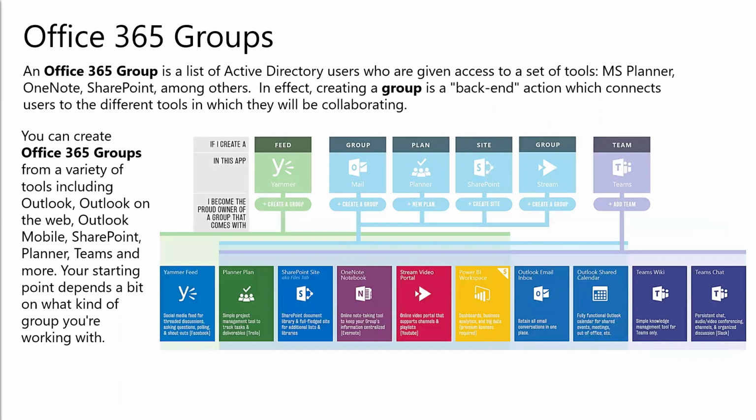Creating the group is the back-end action that happens automatically, which connects the users to different tools in which they'll be collaborating. So to give a for instance, I can create a team in my Teams environment. And when that happens, it will automatically be creating an Office 365 group in the background, okay?